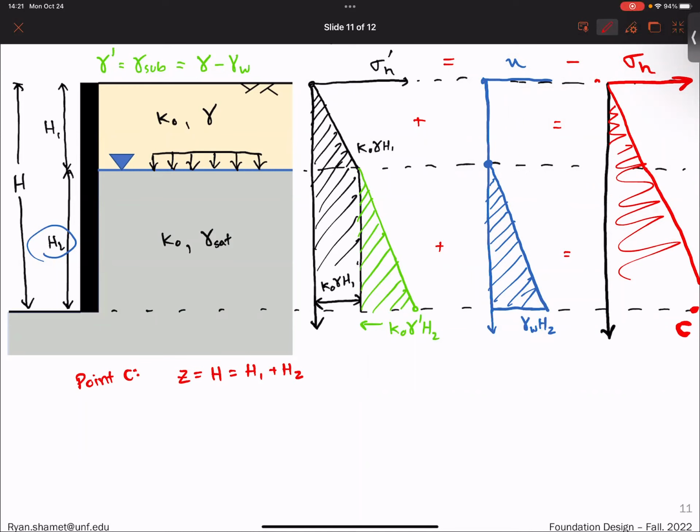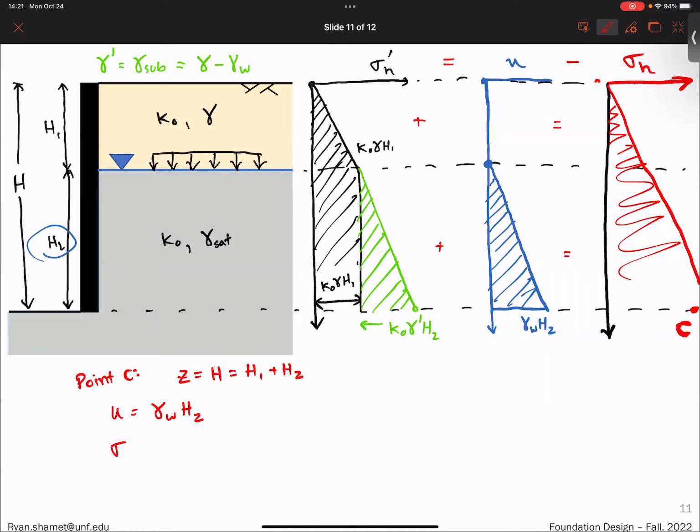So for the pore water pressure, we'll do that to start because it's the easiest. This is just the unit weight of water times our H2 at point C.